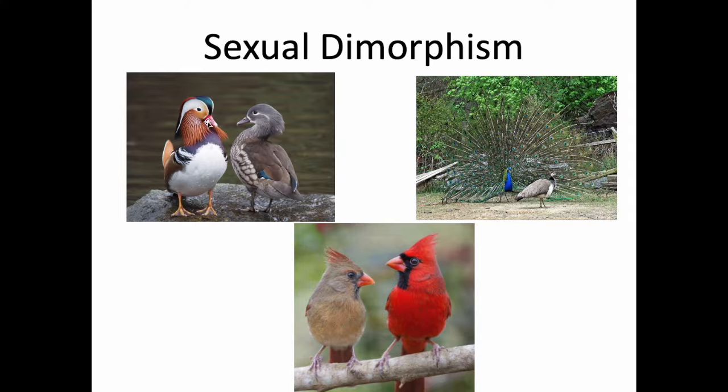The female is choosing the flashiest males, so these bright, vibrant colors are going to be selected for. Female cardinals are choosing the brightest, reddest males. Having red feathers is going to be selected for. The very drab-looking peahen is choosing the peacock with the biggest, brightest, flashiest colors. It's an indicator of health.